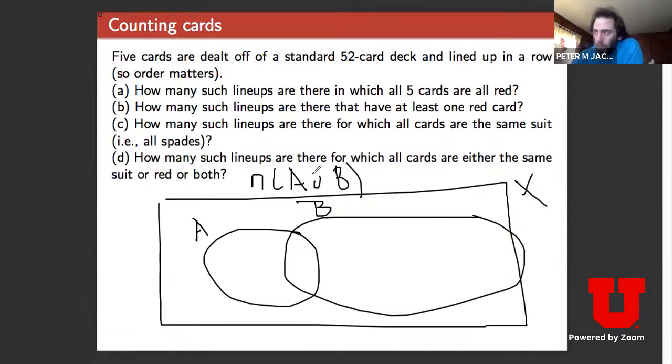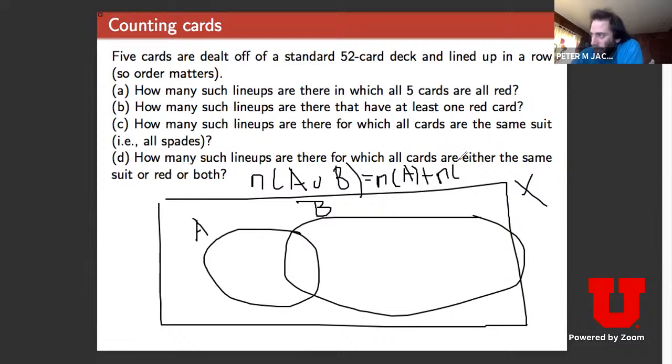To do that, we can count up the size of A and then count up the size of B, but that wouldn't be sufficient because we would double count the intersection. So we just have to subtract away the intersection after we add the size of A and B. This is called the inclusion-exclusion principle that we saw earlier in the course.